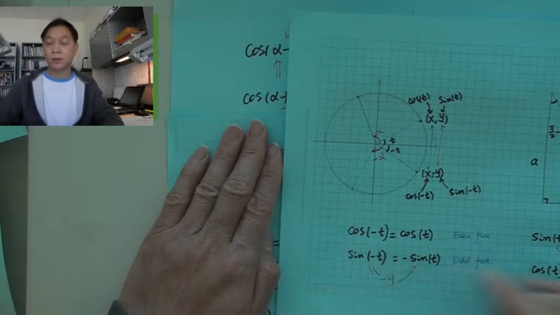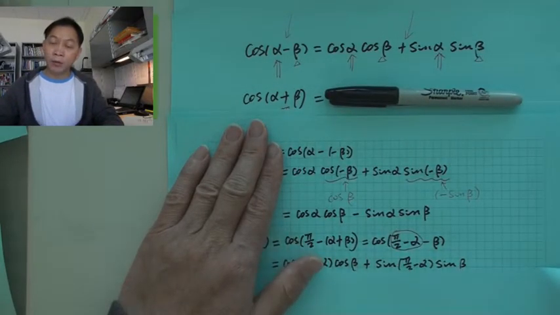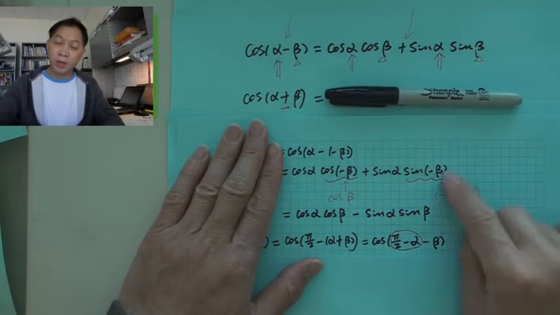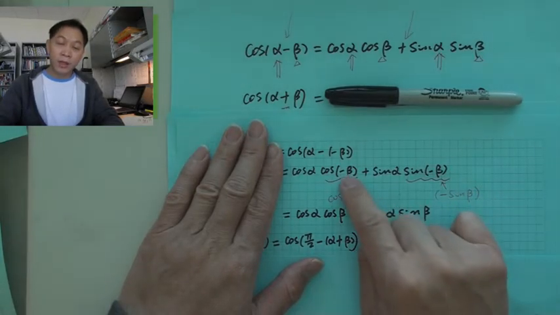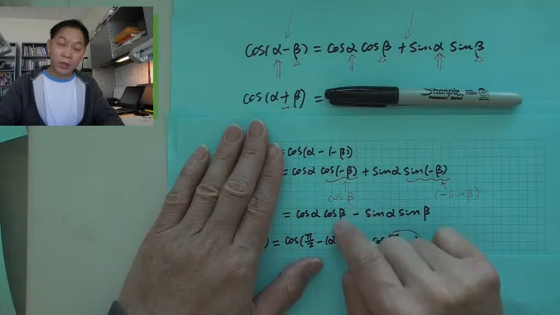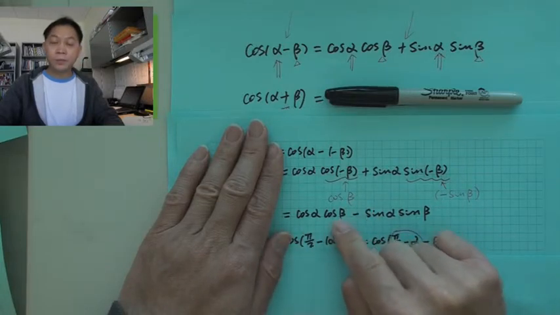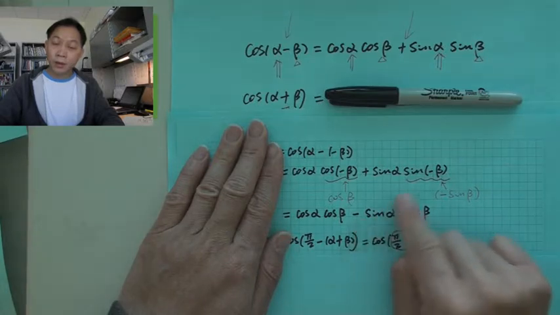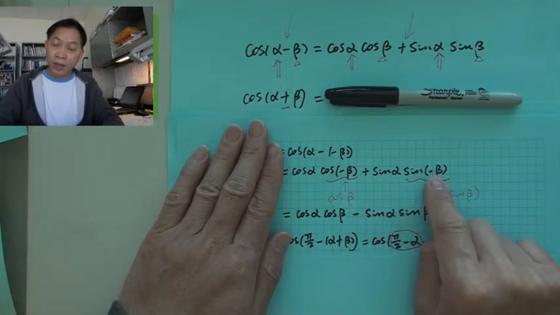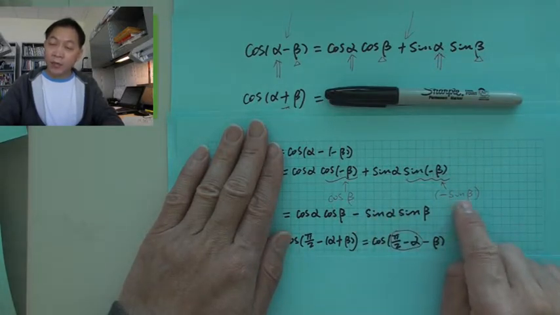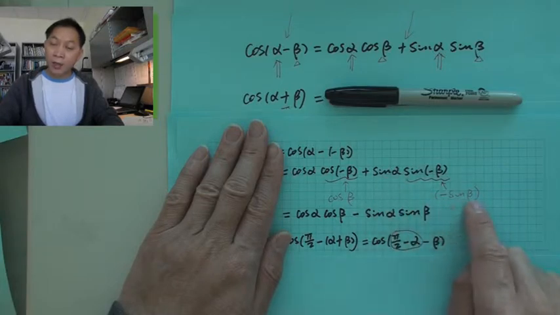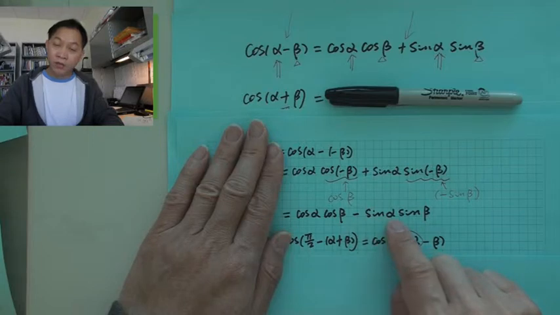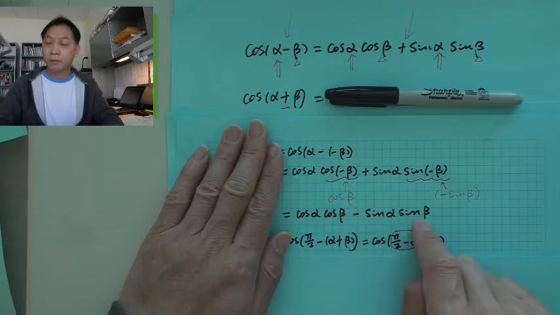There was t, here is beta. Now, here the negative sign doesn't matter, so you can just write cosine alpha cosine beta. And then here the negative sign gets out, that's negative sine beta. So sine alpha times negative sine beta is negative sine alpha sine beta.